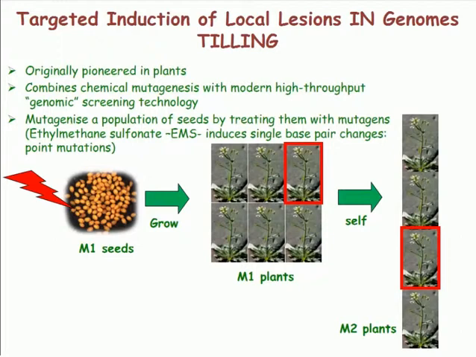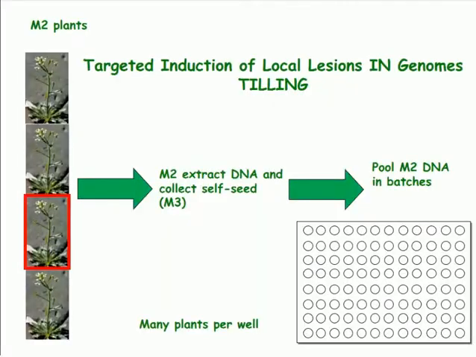If not, you cross it with the wild type. And you obtain what we call the second generation of plants. It's at this generation when you collect DNA. You extract DNA from the plants and also keep the seeds of each individual plant properly labeled.